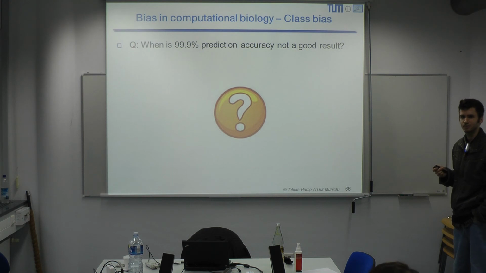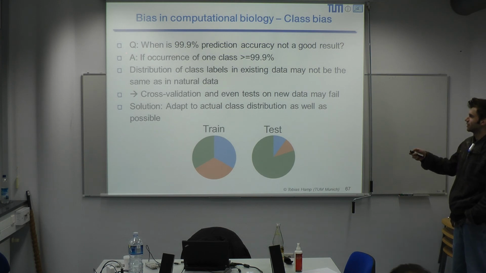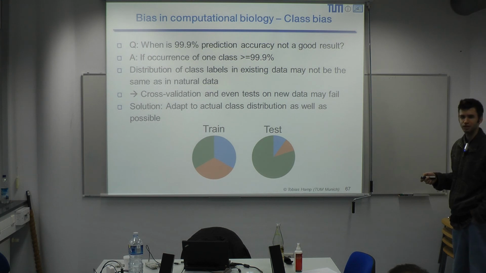If you have 1,000 samples and 999 of them are negative anyway, and the last one is also classified negative, so would that still be 99%? That's quite correct, yeah. So the answer is if the occurrence of one class is in fact greater than 99.9%.